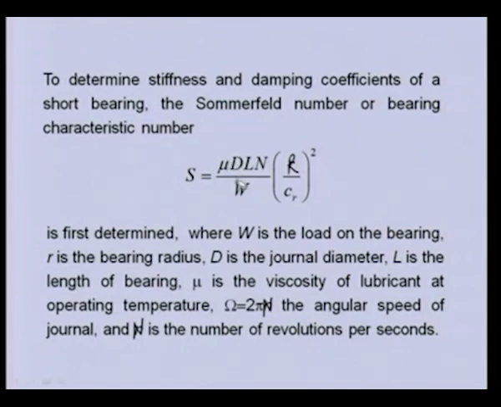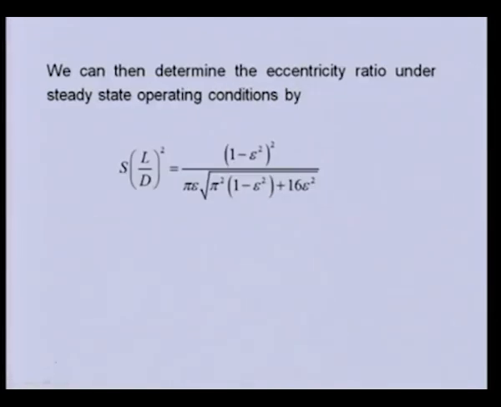Now, for a particular bearing at a particular speed, we will know the Sommerfeld number, and from this equation we need to find out what would be the epsilon value for that particular Sommerfeld number.